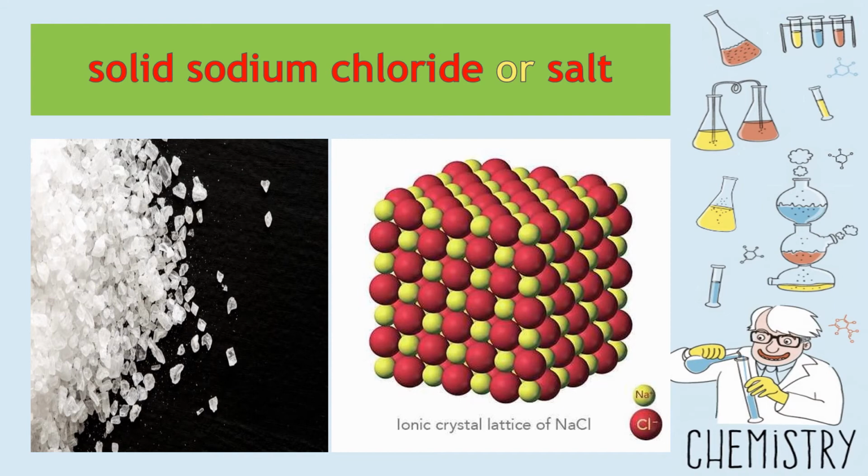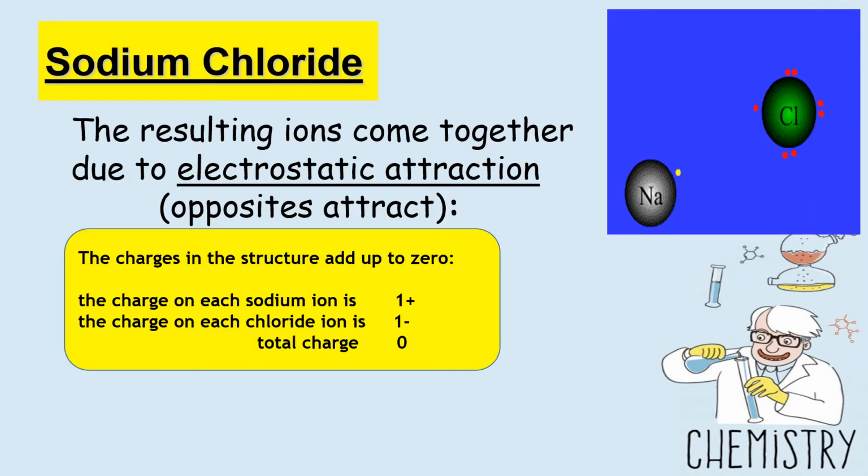Okay, this is the ionic crystal lattice of sodium chloride. When billions of ions of sodium chloride bond together, they form a crystal lattice of sodium chloride. The resulting ions come together due to the electrostatic attraction of these ions.